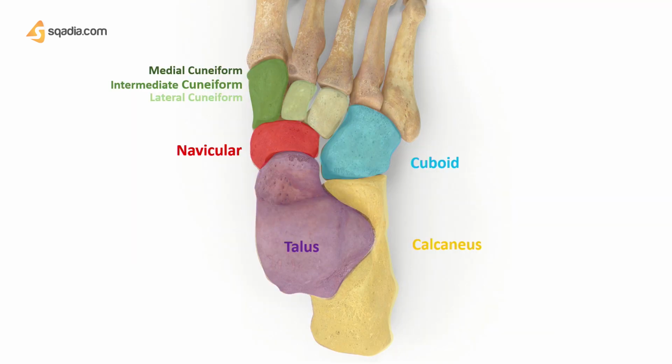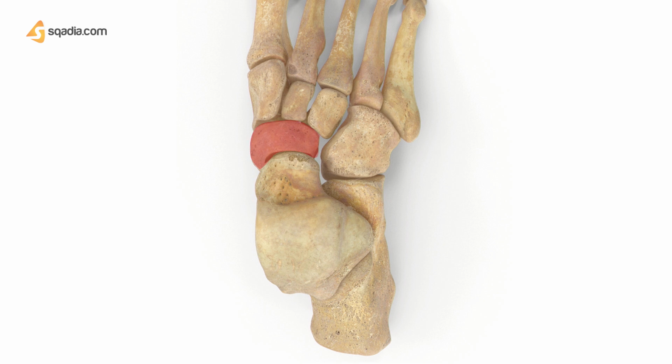Now we will discuss the muscular attachments of the navicular bone. The navicular bone has a navicular tuberosity to which the tibialis posterior muscle is attached. The dorsal surface of the navicular bone attaches to the neck of the talus with the help of a broad and thin dorsal talonavicular ligament.